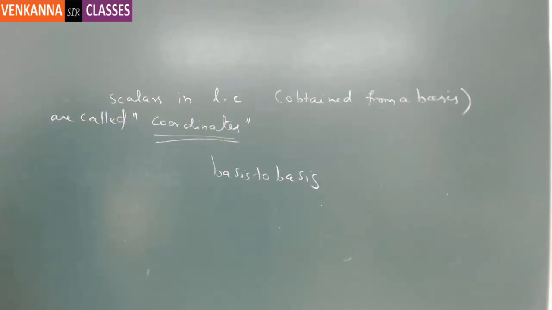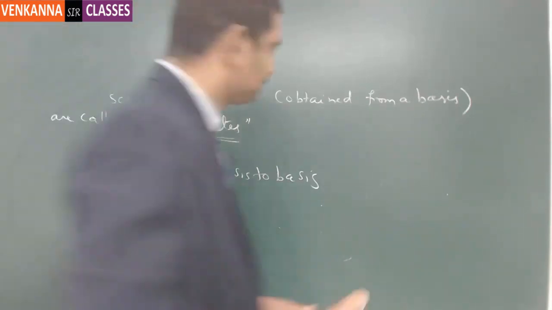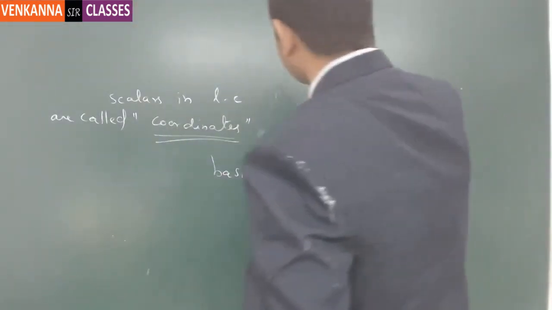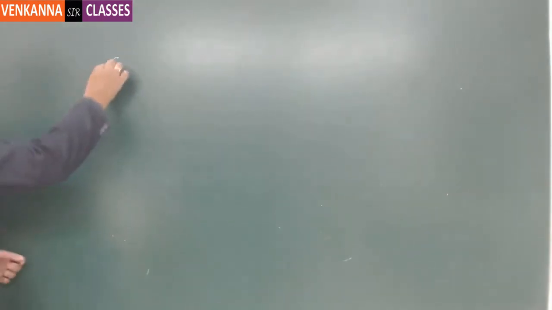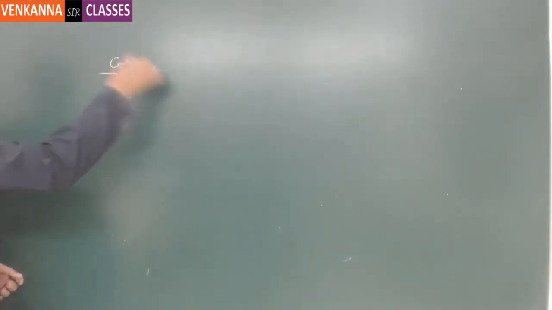So if you want to say something, you can add here. So in the end, I just want to take one small definition, then we can wind up the session. That is coset. So what is meant by a coset?